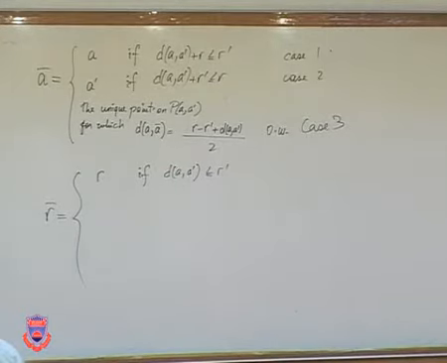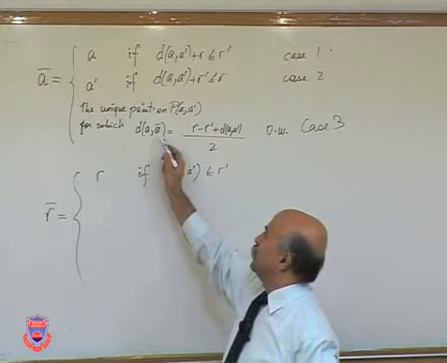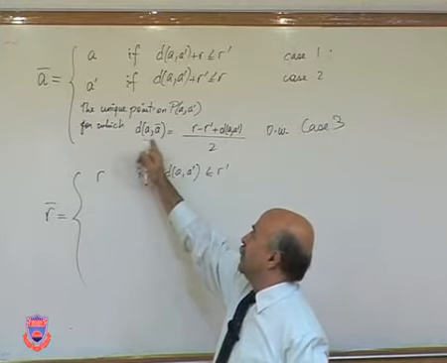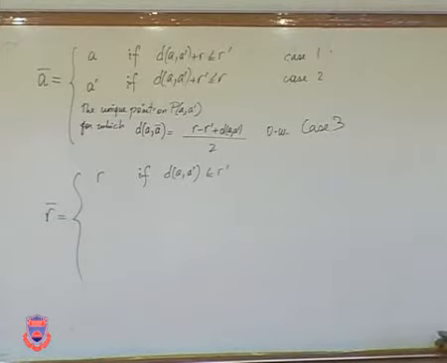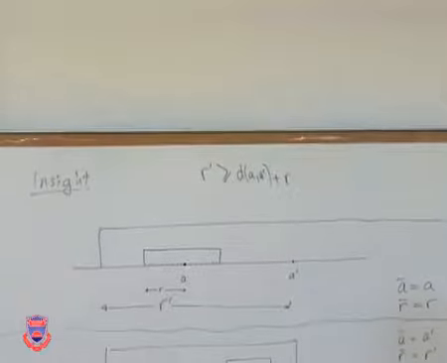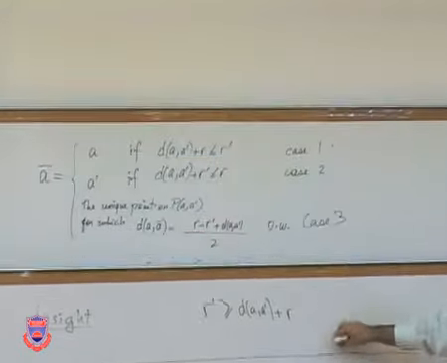Let me just check. No. I have that. You wanted to have R bar here? Yes. No, it will be the distance between A and A bar. Does that check? I don't know. We can check that later. This is correct, okay?